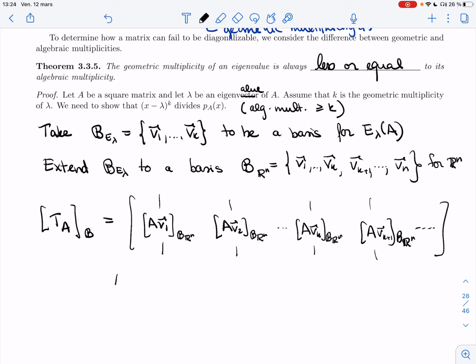So let's look at what Av1 is. v1 is part of a basis for E_lambda of A, and so that means v1 is an eigenvector, and so I get lambda v1. And so the vector that I need in my first column, well, I'm going to use one of these and none of those, so I'm going to get lambda, 0, 0.